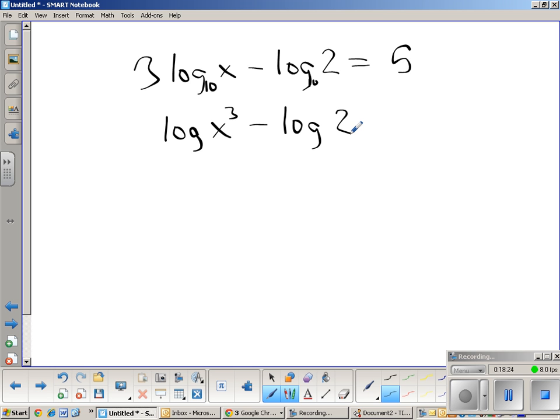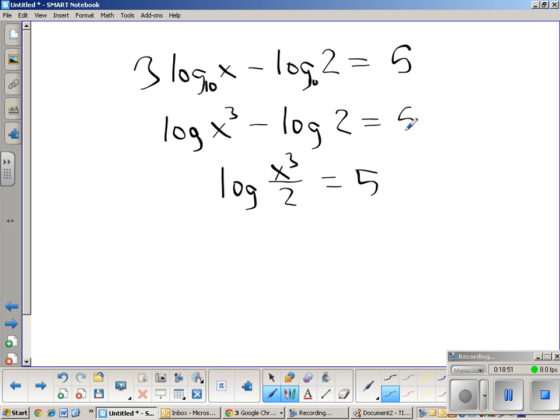There's not a 3 in front of that second log. So then when I combine them, I get log of x cubed over 2. Now you might have been saying that, but it sounded like you were raising the x divided by 2 to the third power, the whole thing, not just the x, okay? So this is the right way of writing it anyway.